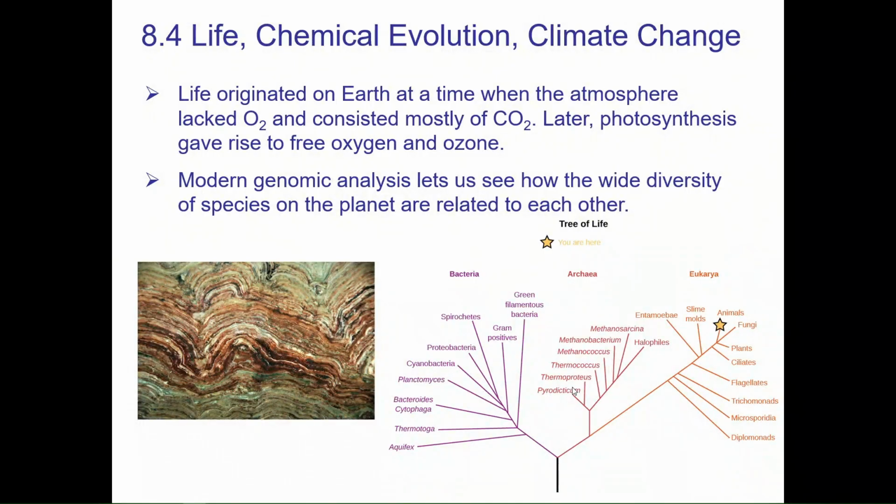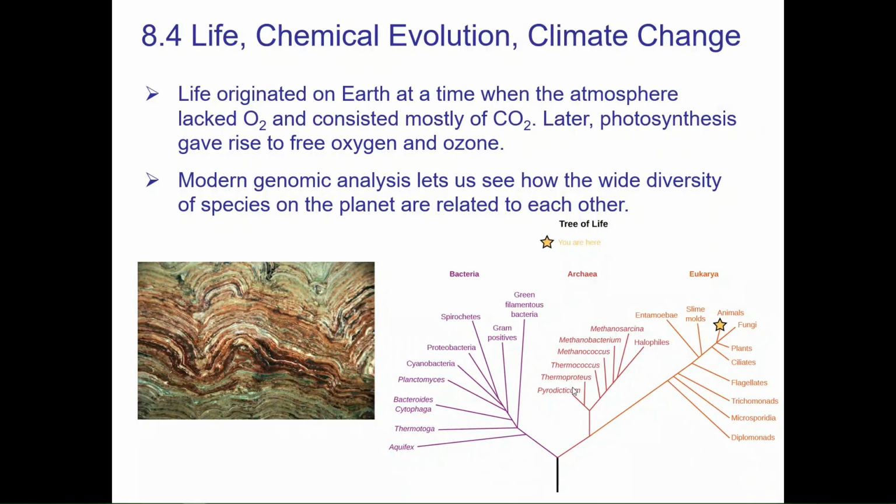As free oxygen began to accumulate in the atmosphere about 2 billion years ago, this led to the formation of Earth's ozone layer. Remember, the ozone layer has 3 oxygen atoms instead of 2. This protects the surface from the very high energetic solar ultraviolet light, X-ray, and gamma ray.